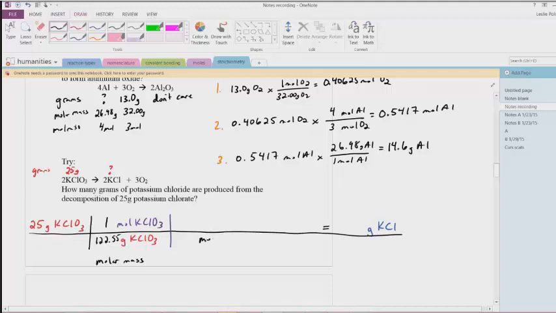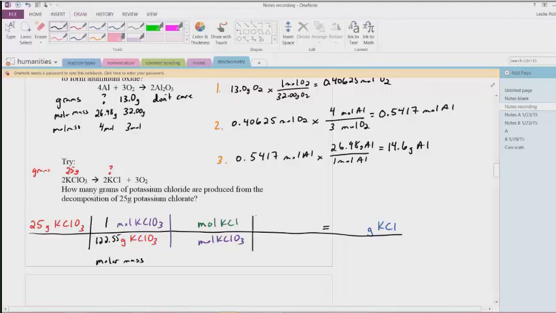So now I'm going to bring moles of KClO3 to the bottom. Moles of KCl will be on top.